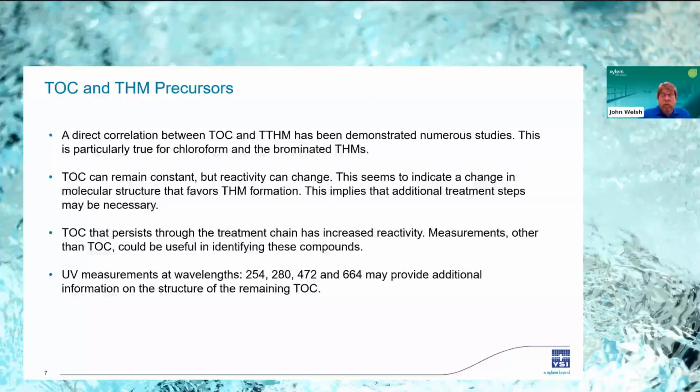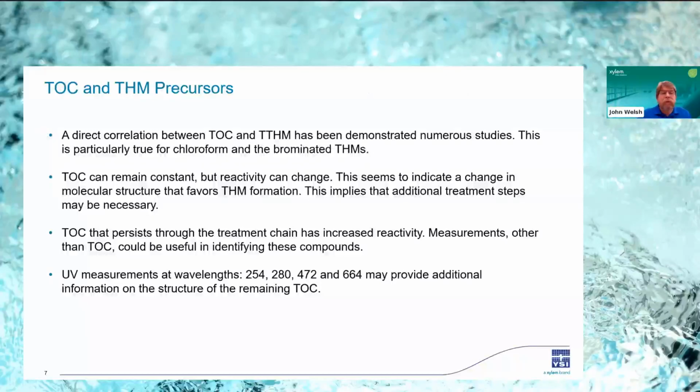Even though we are using successive steps in a treatment process to remove carbon, there have been a number of studies that show that the residual carbon that persists through the treatment process becomes more reactive and favors THM formation.